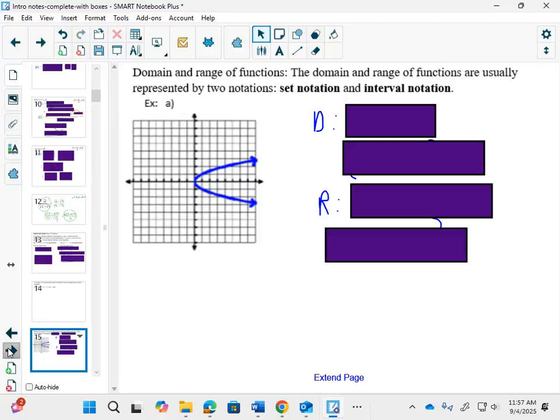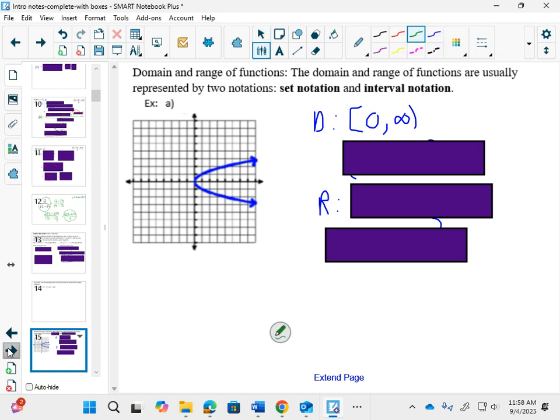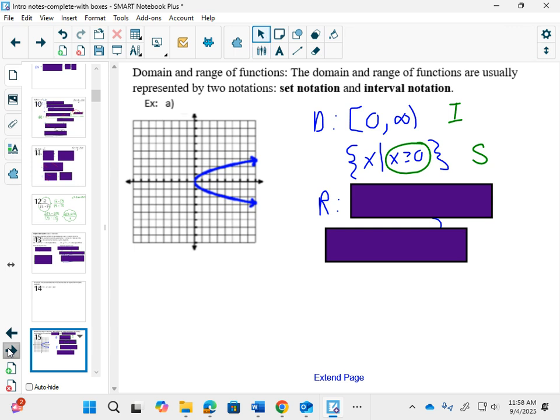Set notation is when we write it. Oh no, that's interval notation. I'll put a big I beside this. And this is set notation. Sometimes in set notation, it is okay to just write what I have in the green circle. X is bigger than or equal to 0. Formally, you would have more stuff. You have like a squiggly bracket, and you're saying what you're talking about, X. You put a straight line.